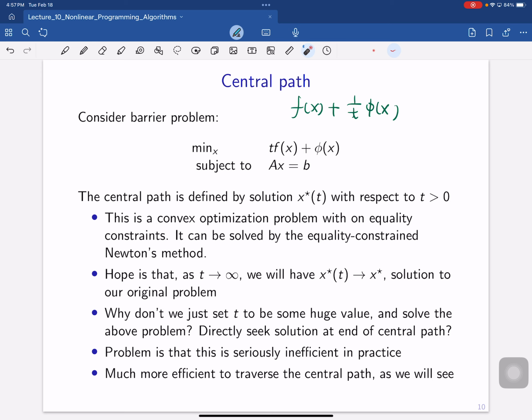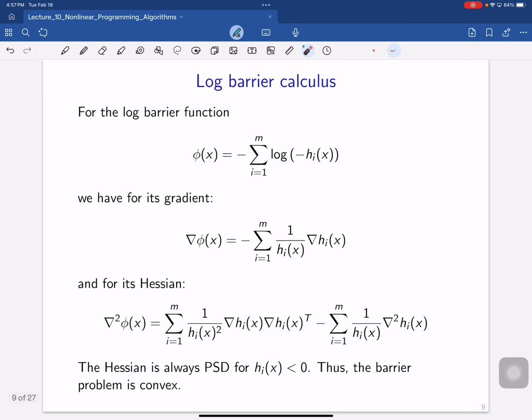The nice thing with this problem is you can always get a primal feasible solution, since you have this log barrier term. In order for this log term to be defined, x must be feasible. So you're always keeping the problem feasible by having this log barrier term.